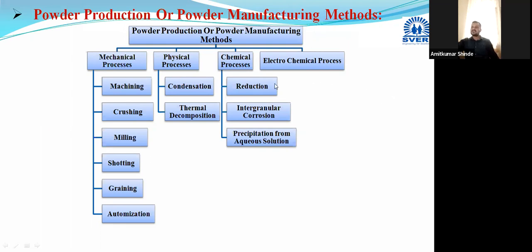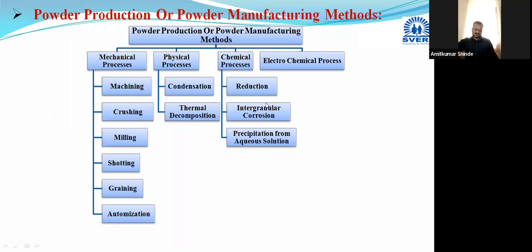In this way, tungsten, molybdenum, chromium, and zirconium powders can be manufactured by reduction of their respective compounds using a suitable reducing agent like carbon, hydrogen, or some other elements. This is the reduction method.